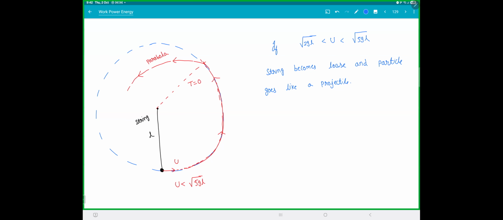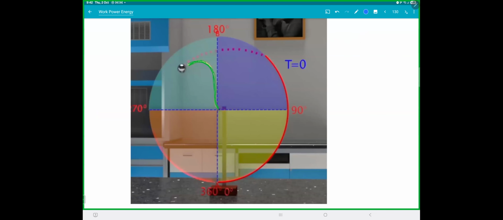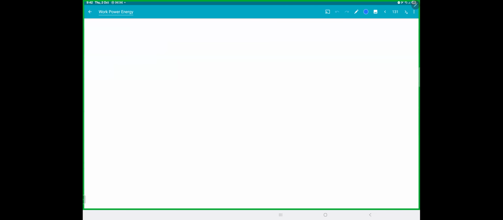Yeah, let's start off. Now, look at this thing. So let's say at the bottom you have given a speed u greater than root 5 gl.